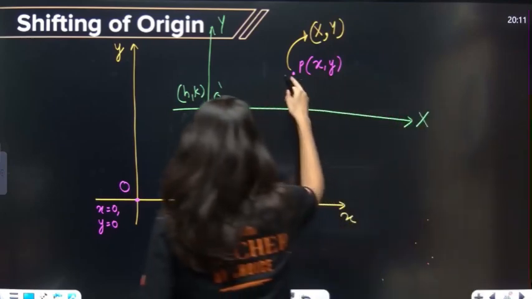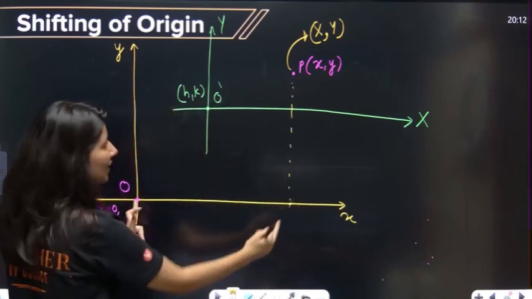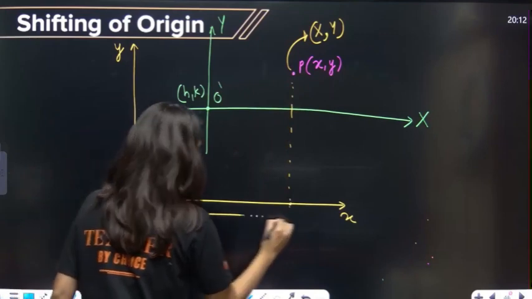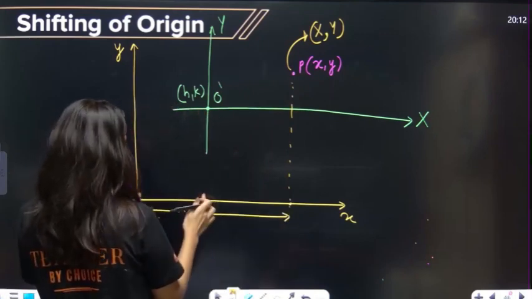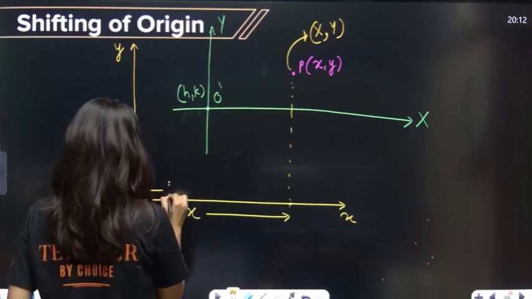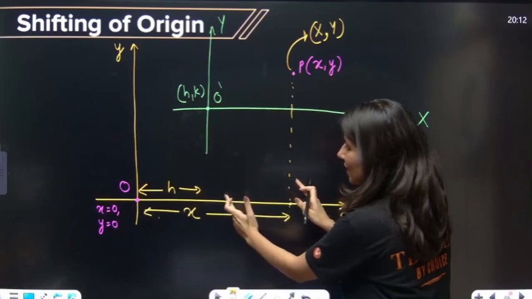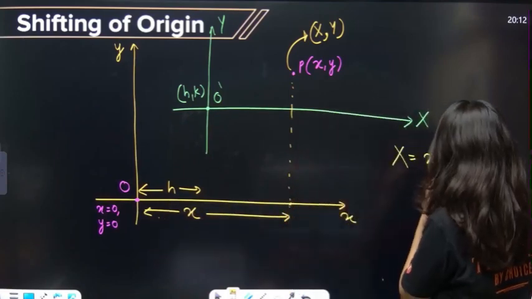Now just tell me one thing, if I do this, what will be this particular length? This is X comma Y, what is this length? This length will be small x. And this particular length is h. So what will be this length? Can anybody tell me? So x minus h. So capital X is nothing but x minus h.